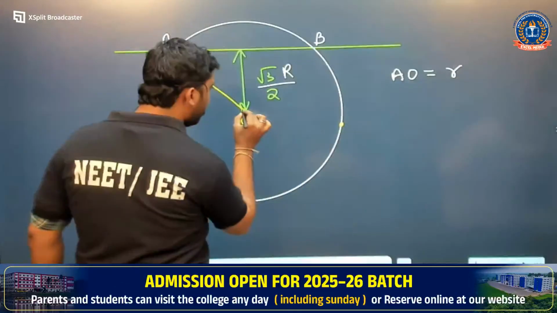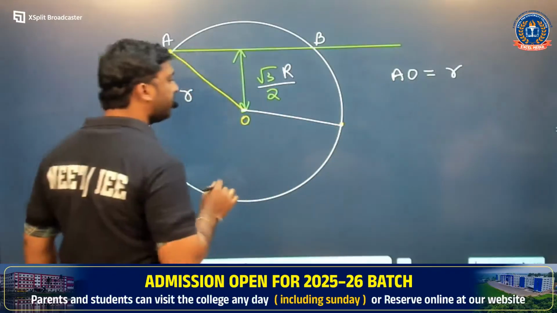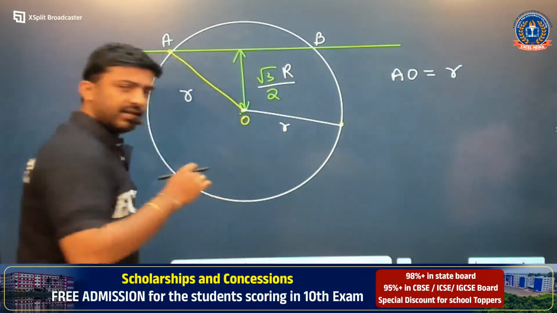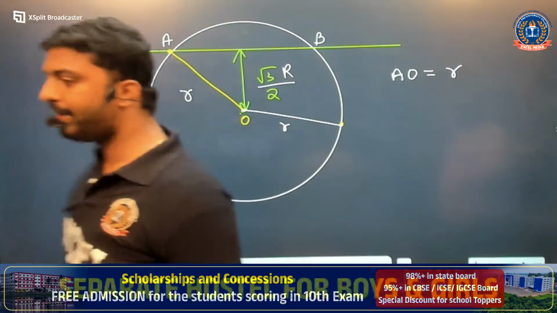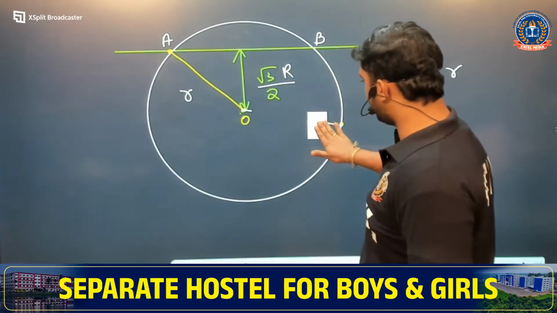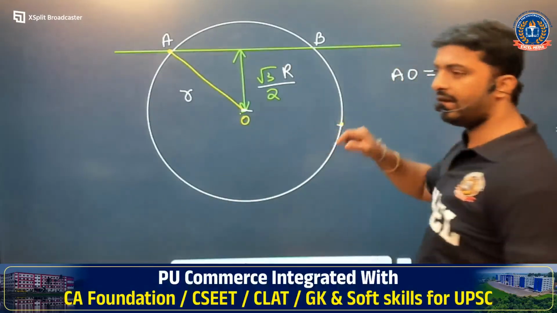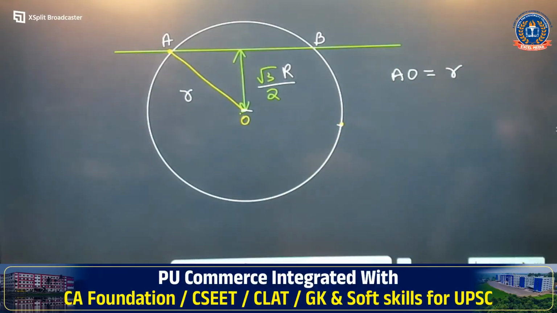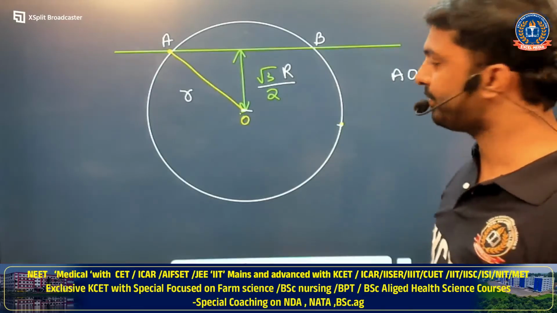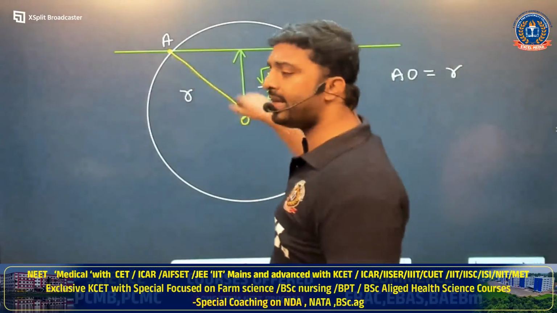If you draw the line from center to that given point, the distance is nothing but radius, right? So if you draw a line from the center to any point on the circle, what is that length? r. This will be nothing but the radius of a circle.